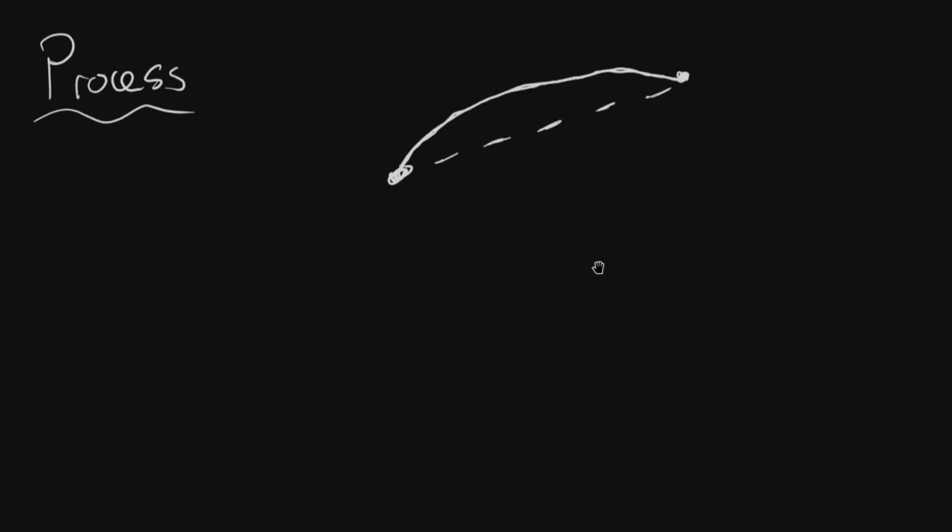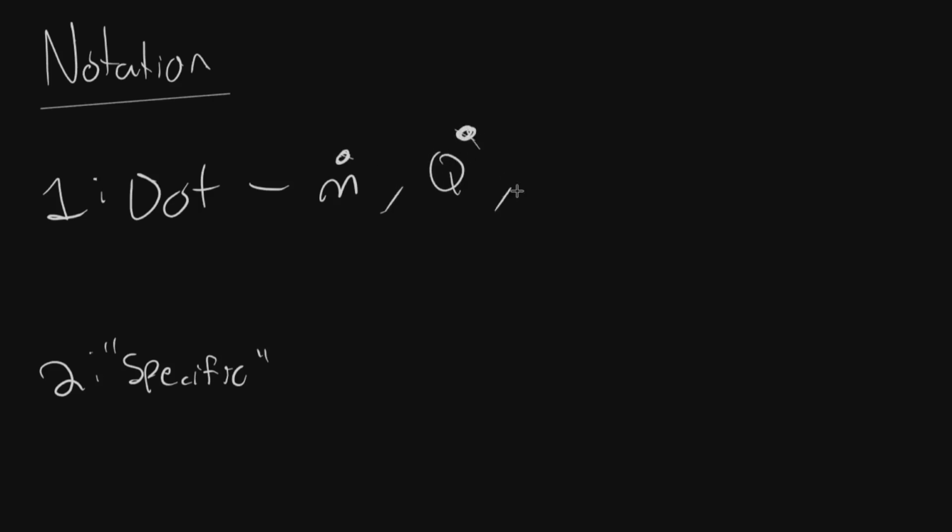Now, lastly, we're going to talk a little bit about notation here, because it's something that's going to come up quite a lot. Two things I want to talk about are first, dot notation, and secondly, specific. So dot notation, some things you might see are things like m dot, q dot, w dot.